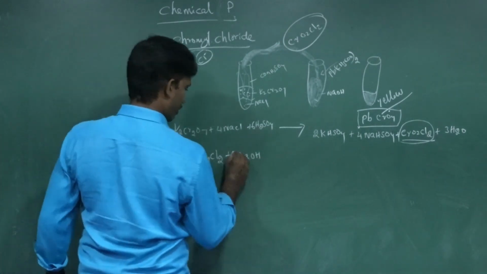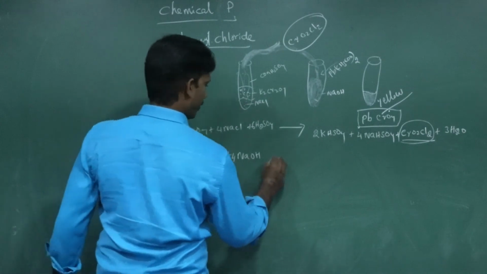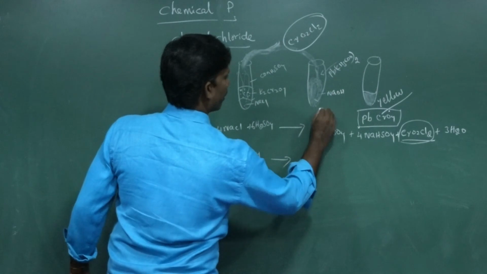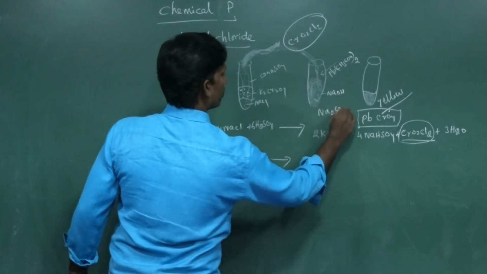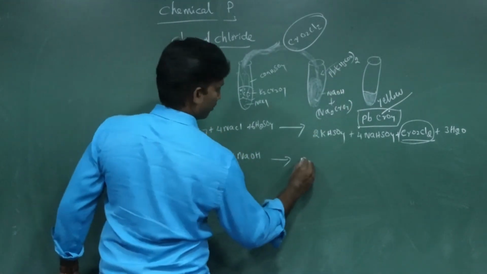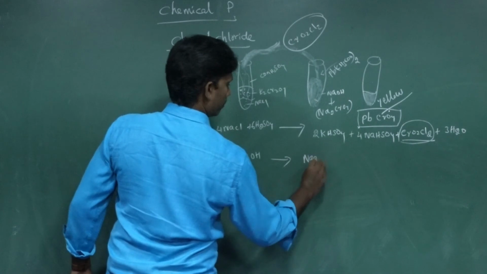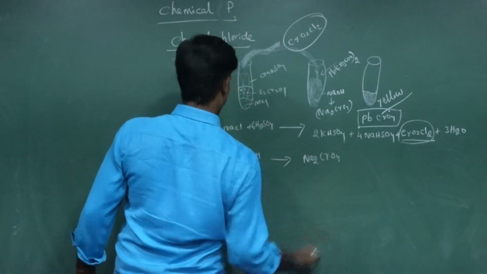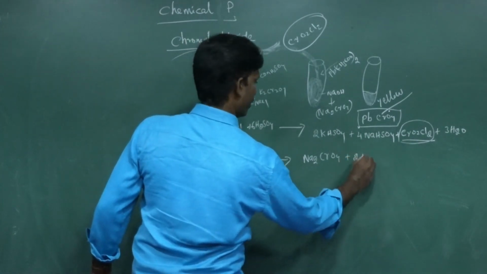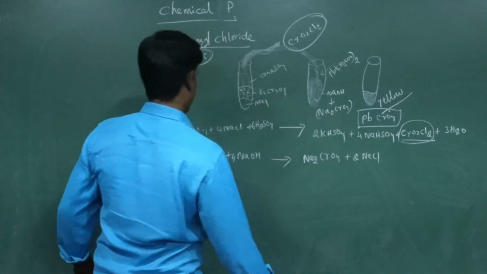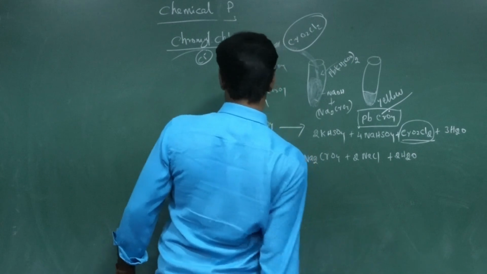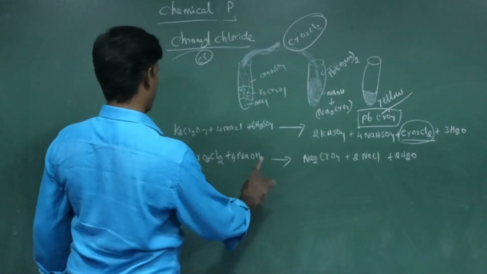What is going to happen? 4 times NaOH, if I am taking here, it is converting into sodium chromate, Na2CrO4. Here a yellow solution of sodium chromate is observed, plus 2 NaCl, plus 2H2O. This is also a balanced equation.